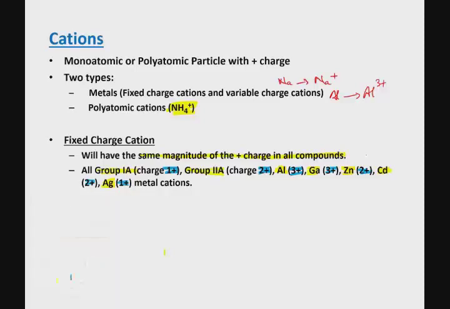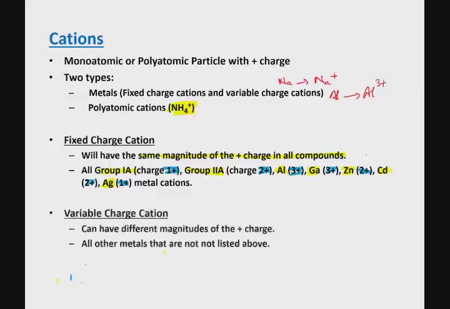Besides the fixed charge cations, cations can be variable charge as well. These are cations where the same metal atom can actually make two different cations where the magnitude of the positive charge is different. Let me give you an example.